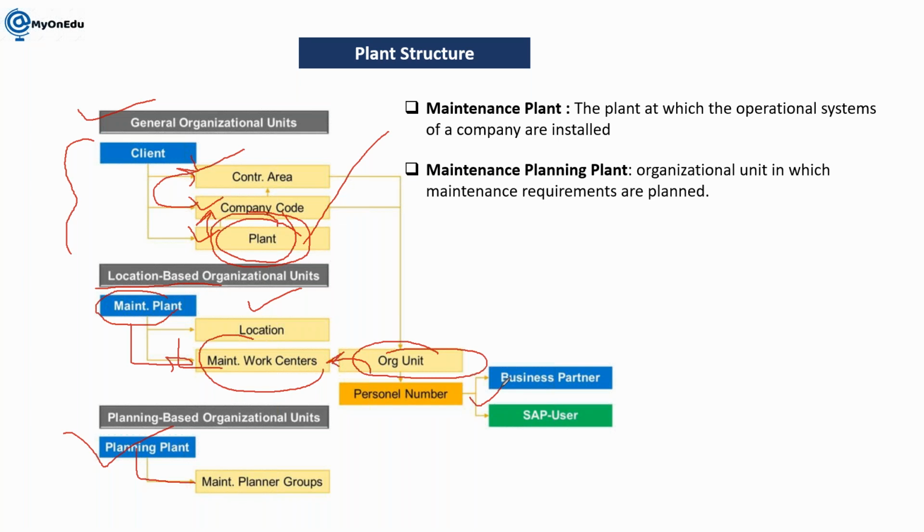This is a cross component, and this business partner can directly be associated with your SAP user ID. These are the things we need to understand. But as a plant maintenance consultant, we just need to configure the maintenance plant and the maintenance planning plant in the organization structure. All these other things remain the responsibility of different consultants.